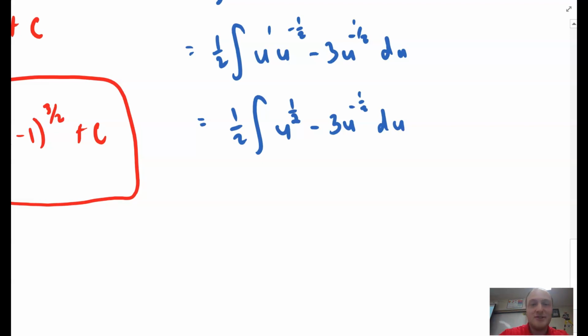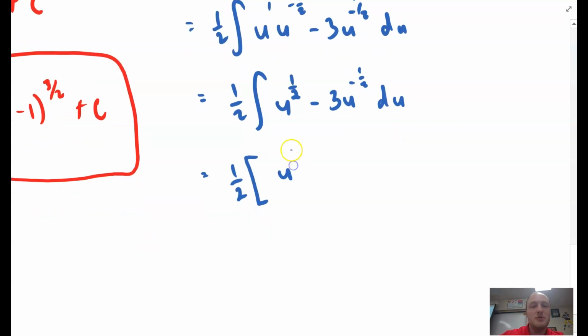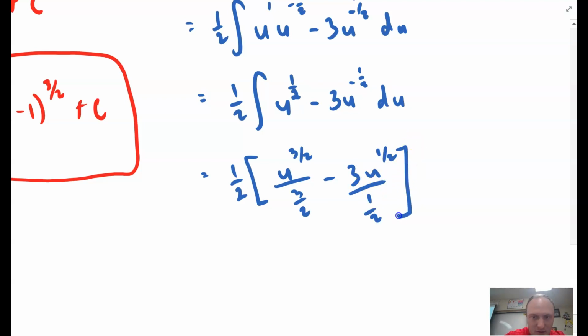Anyway, I digress. Okay, so we go ahead and integrate, and I have 1/2, and I'm going to put a bracket out here. I'm integrating the right side, so this becomes u to the power of 3/2 all over 3/2 minus 3u to the power of 1/2 over 1/2, plus c, which actually c is included.